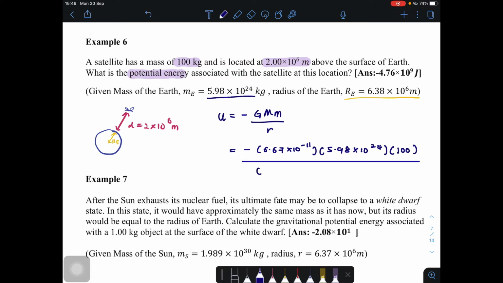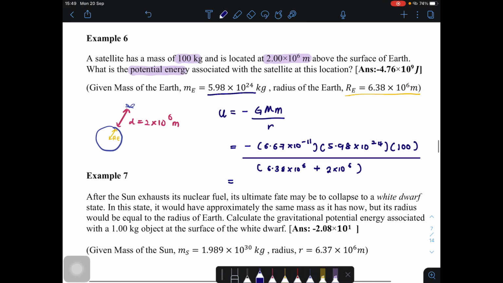So you just add 6.38 exponent 6 plus 2 exponent 6. Make sure the units are the same, which is in SI unit. So press the calculator, and you will get the potential energy is equal to negative 4.76 exponent 9 joule.